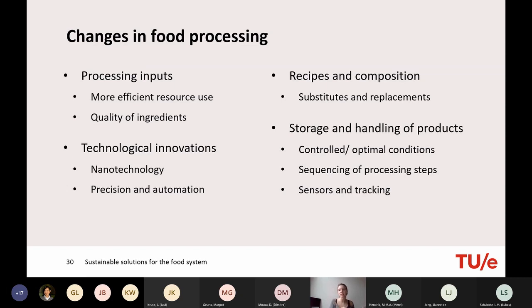Or maybe if I package things at an earlier time, or can them very early on in the chain, then I may prevent waste later on, or I may have to cool things less over the chain. And we can introduce more sensors and tracking of products so that we are more aware of the quality and specific issues of the handling and the conditions that are being kept.